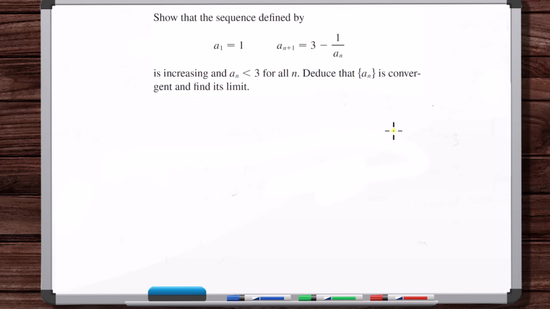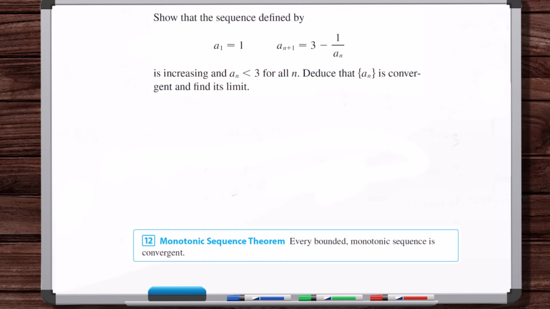What we're going to do is use the monotonic sequence theorem to show that this sequence is convergent. The monotonic sequence theorem says that every bounded monotonic sequence is convergent.